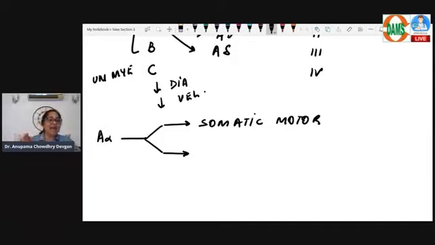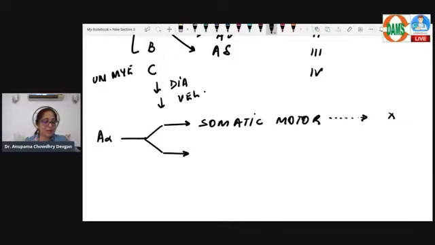It is also known as the anterior horn cell spinal motor neuron. So that is your somatic motor. Now remember, this nerve fiber, which is a motor nerve fiber, does not have a number. It does not exist in the numerical classification.